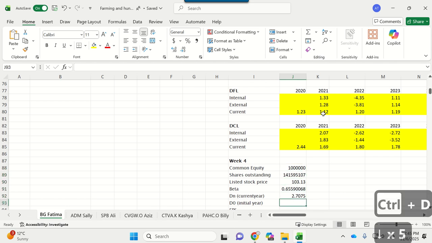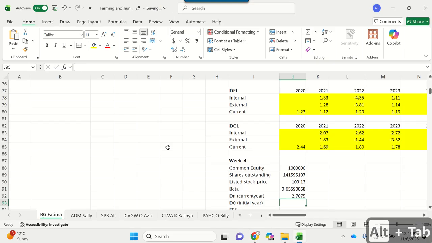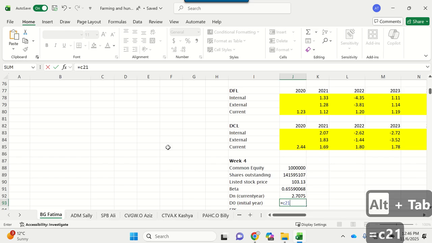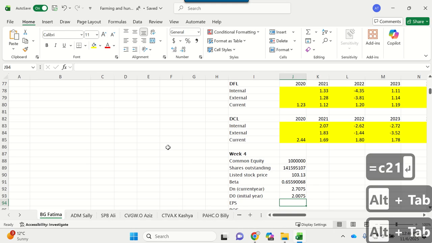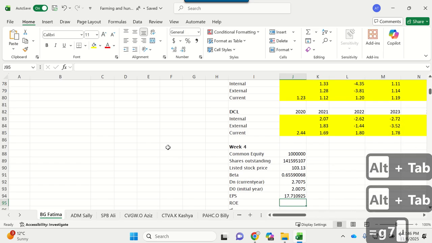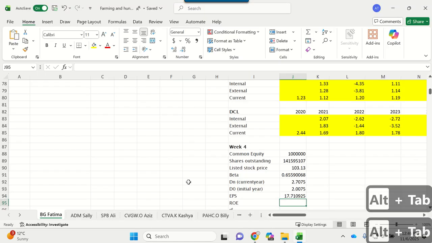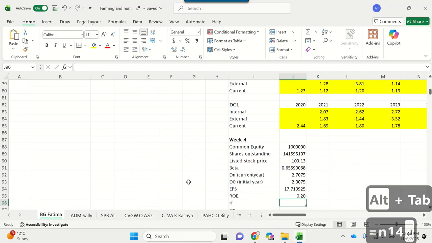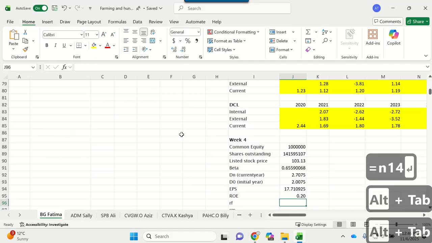Now the dividend initial is the same row, 21, but it's the first year, the 2020 year. So that's C21. And the earnings per share is G7. We're going to be using all these numbers when we calculate those 3 formulas. And the return on equity is in N14, and the risk-free rate is 4.79%.